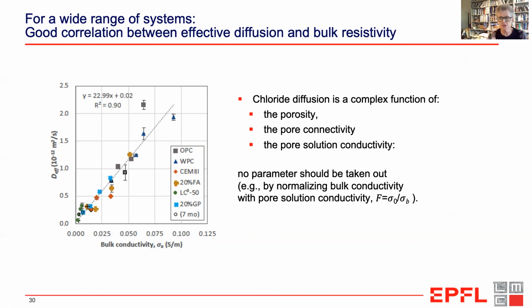None of these parameters should be taken in isolation. So when you look at this relationship here, what you shouldn't do is normalize your bulk conductivity with the pore solution conductivity, because then you lose a good part of the correlation.